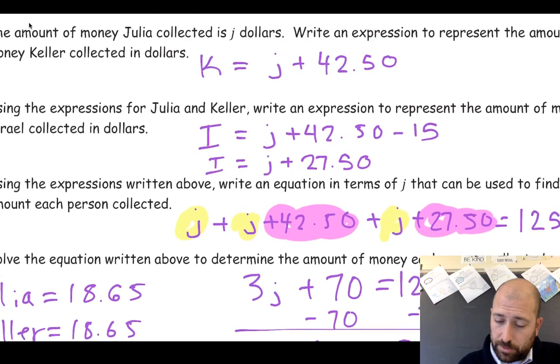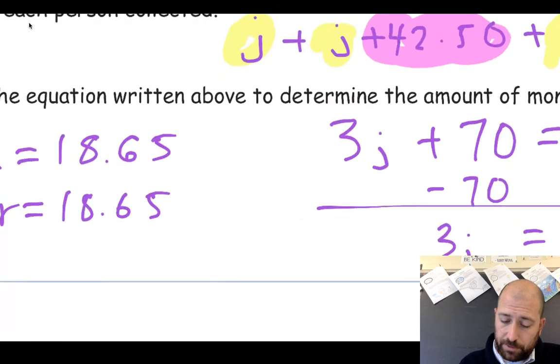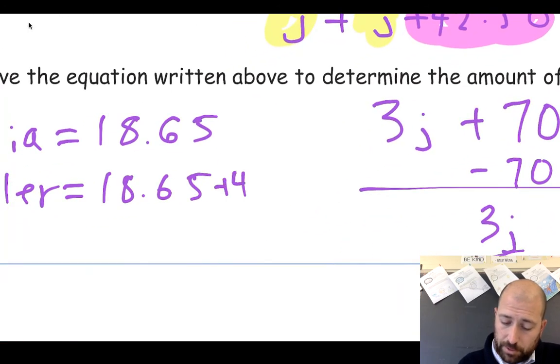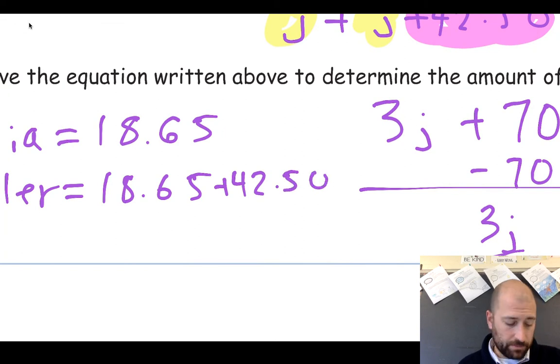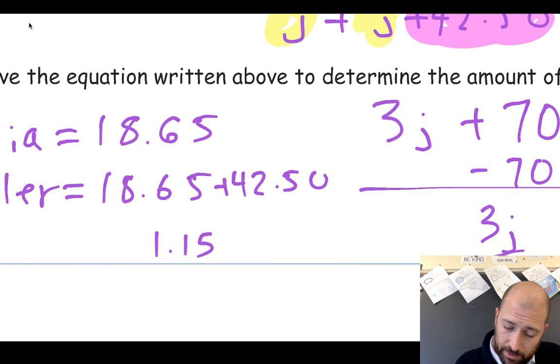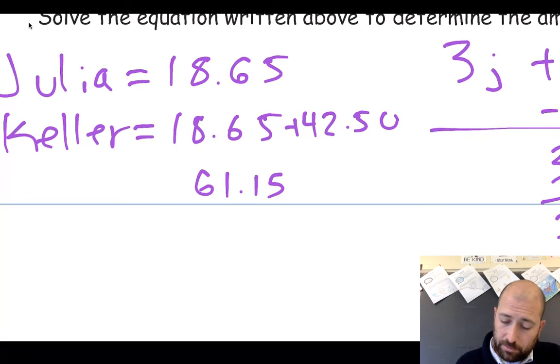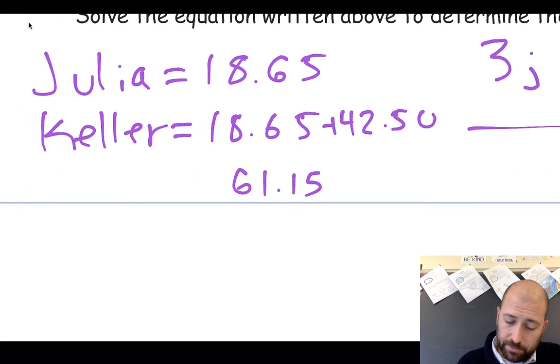Remember this, go up to this one, plus 42.50. So Julia plus 42.50. Okay. So if I add, carry the 1, that means that Keller made $61.15.